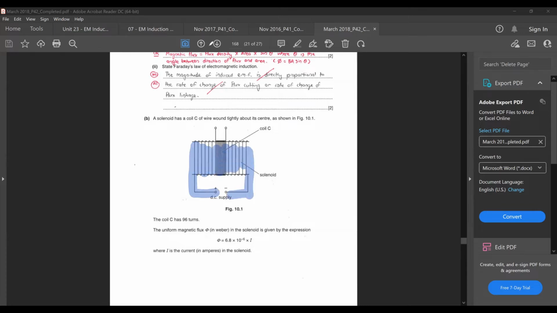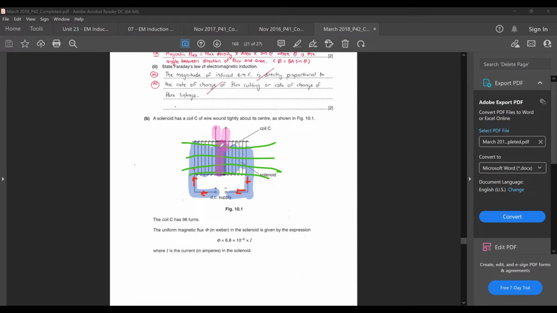We know that when current runs through the solenoid, you're going to produce a magnetic field around it. But at the same time, you also have another solenoid that's wrapped around the existing solenoid. This one is called C here. So coil C is having flux linkage through itself.